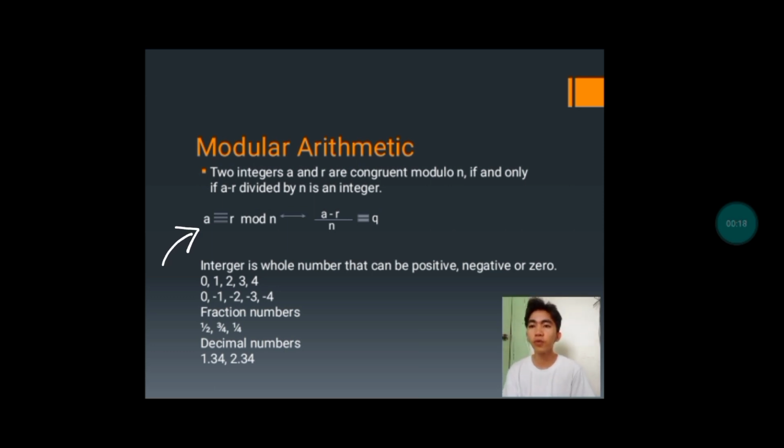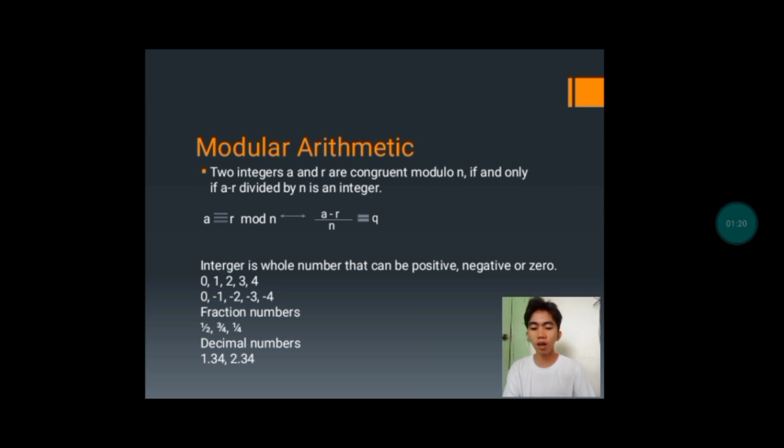These are the notation for congruent. You don't read it as equal, it does not equal. That is congruent. So a is congruent to r modulo n if and only if a minus r divided by n is an integer. So, the first thing to do is we need to identify what is an integer.